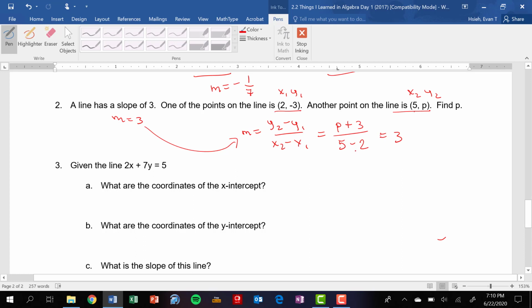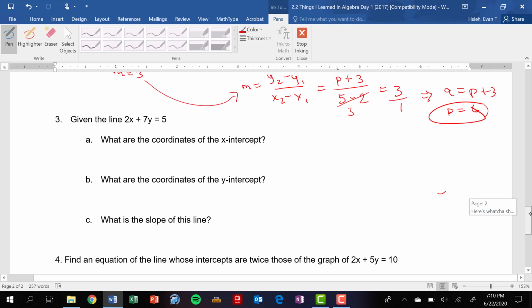I can solve this equation. This becomes 3 down at the bottom here, 3 over 1, cross multiply, so I get 9 is equal to p plus 3, and so p ends up being equal to 6, positive 6.